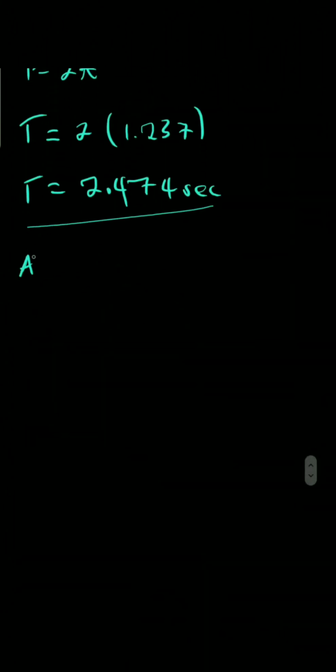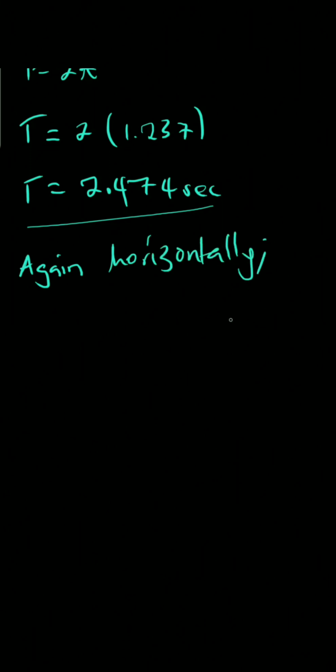Now let us consider the motion of this projectile in the horizontal axis. That's where we get the displacement, which is also the horizontal range, x equal to the initial velocity component times the time of flight. As we know, in this axis the velocity is constant, so final and initial are the same.